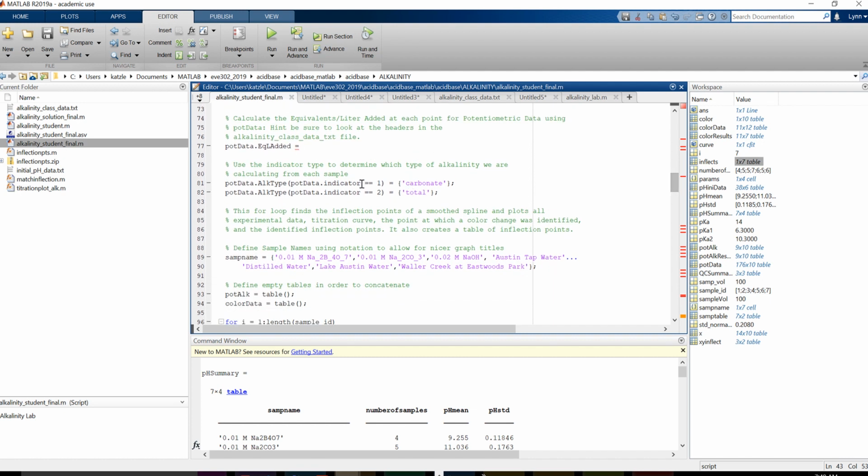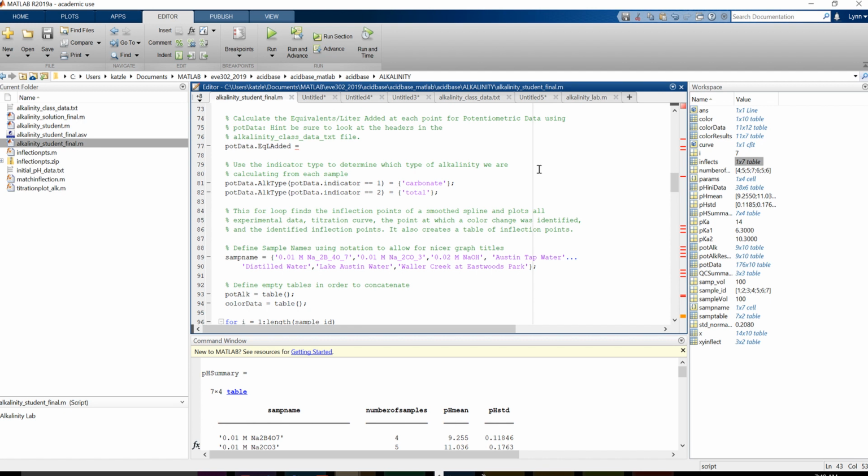This next step is basically to identify, so that we can summarize, whether the inflection point that you find is associated with carbonate equilibrium, the carbonate alkalinity, or the total alkalinity. So the carbonate alkalinity, remember, is the inflection point that will occur at about pH 8.3.